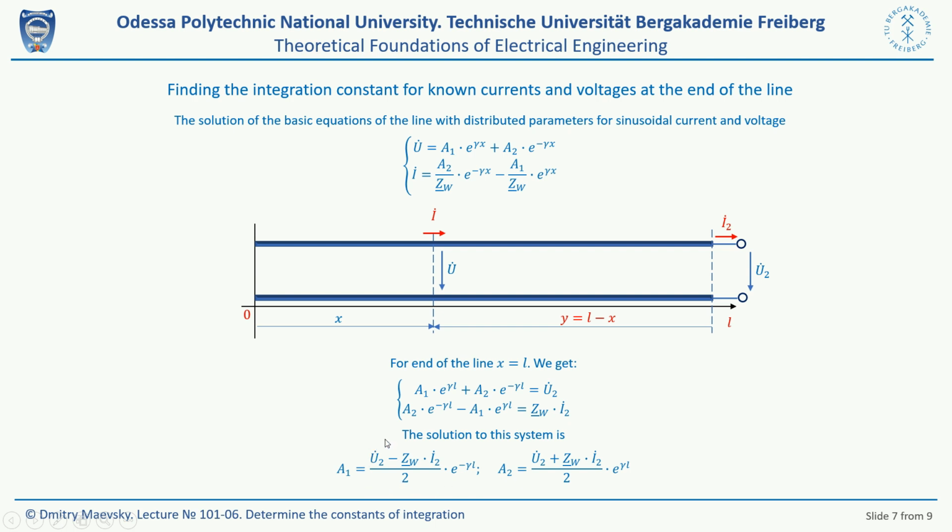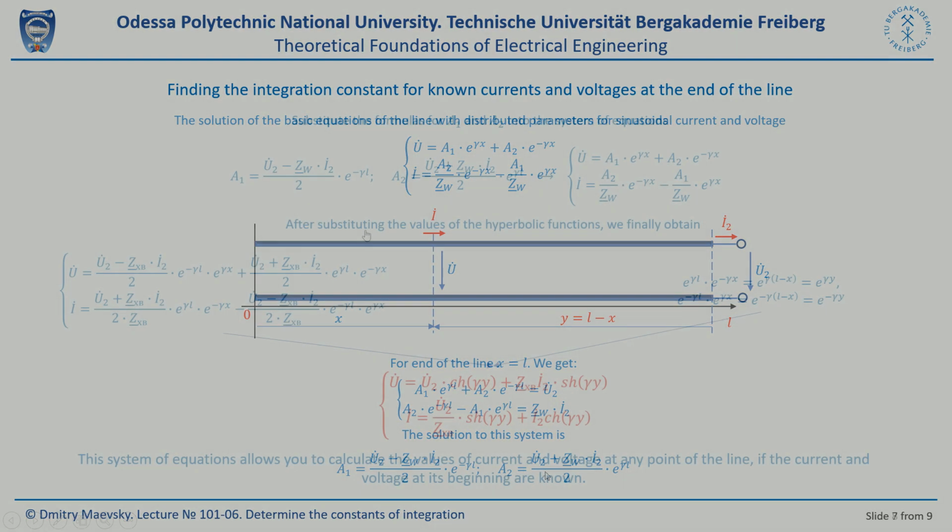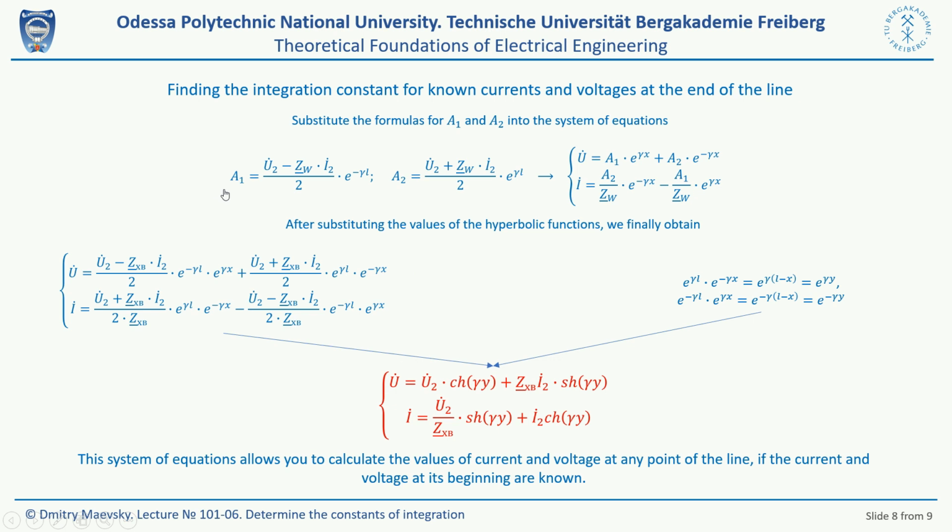Such a formula for A1 and such a formula for A2. Both of these formulas include the exponent of the product of gamma by L, the length of the line. However, the length of the line is known, so the integration constants can be uniquely determined.